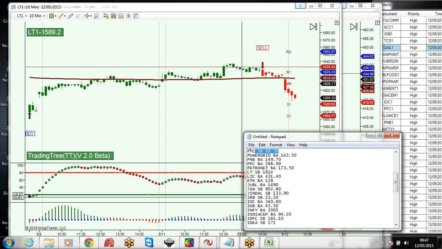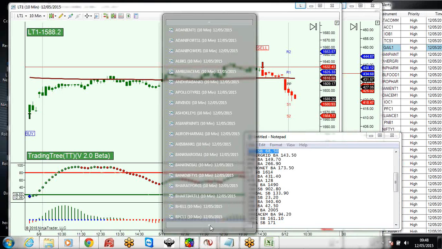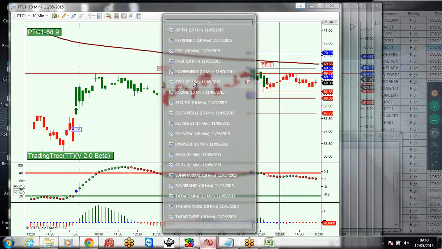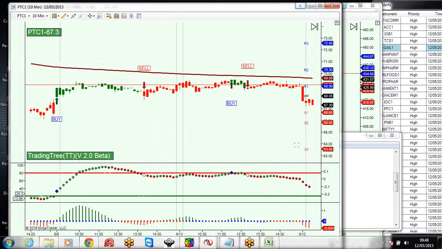So PTC my sell was 6850. Let's just check that. So it's now 6730.